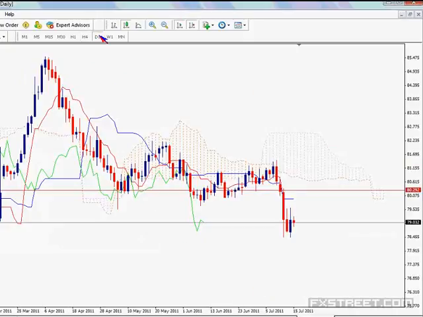However, to make a summary of how to read or interpret the chart using the Ichimoku indicator, keep in mind that we have strong signals. We have a strong buying signal when the red line crosses above the blue one from below, and the signal must be above the cloud.